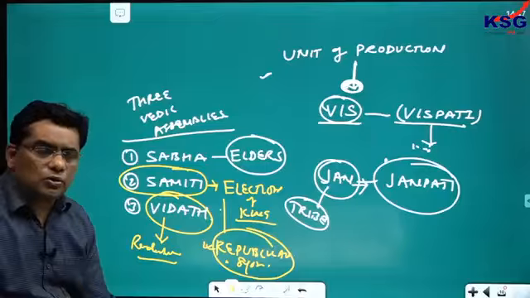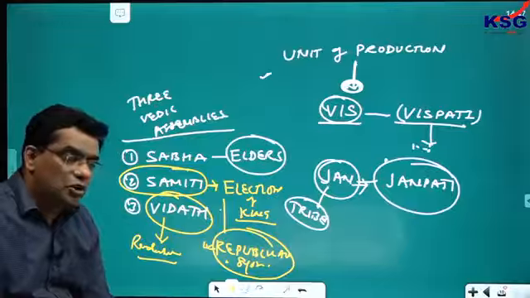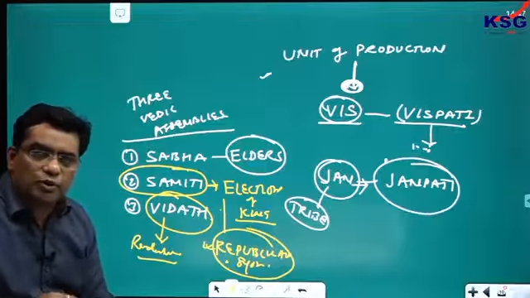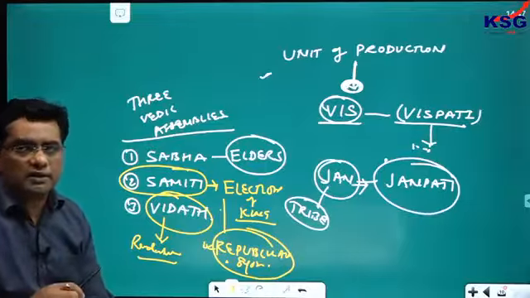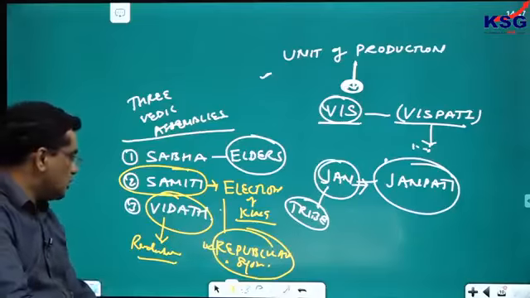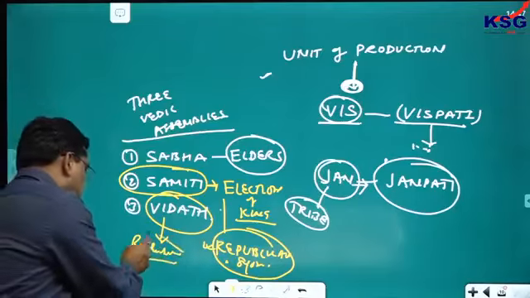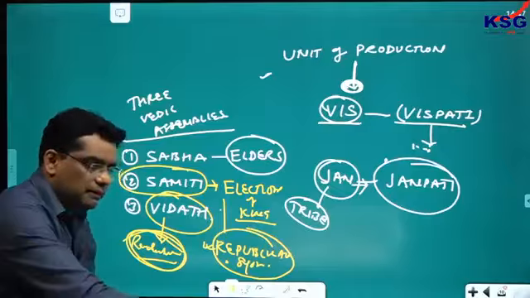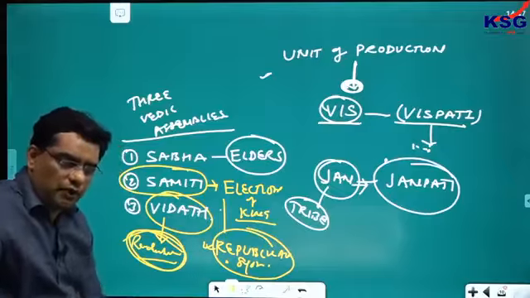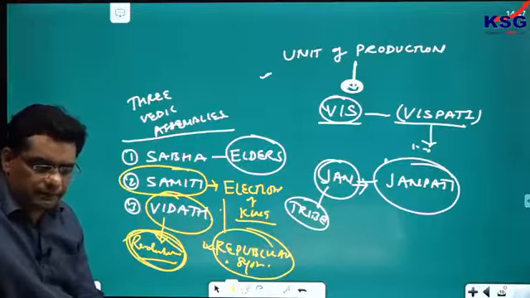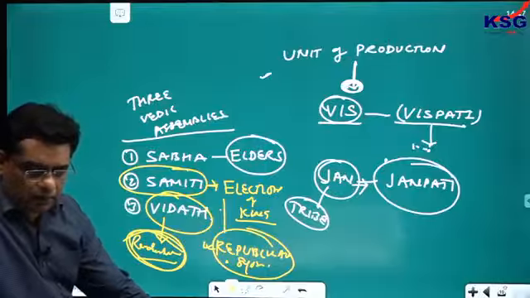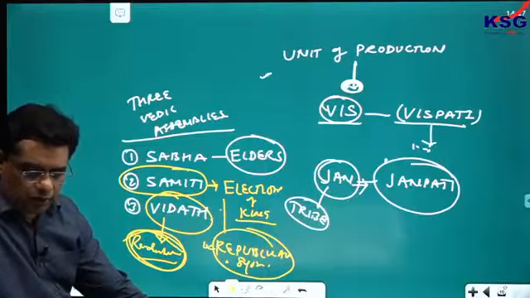The spoils of the war were to be distributed among their own tribes, so everybody should get equal. Who will monitor that? Bidat. So the work of the Bidat is the process of redistribution.